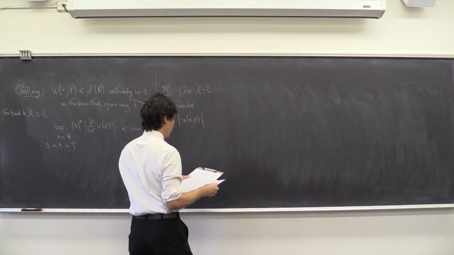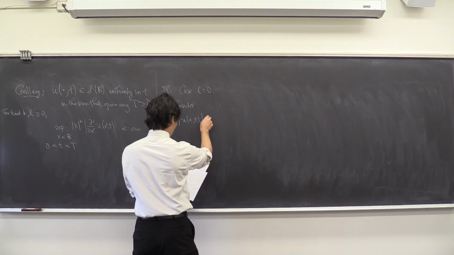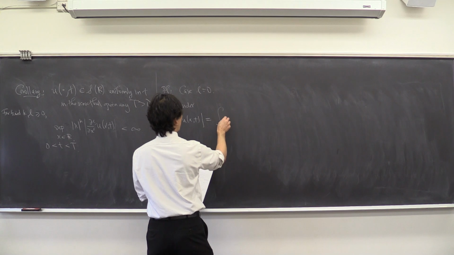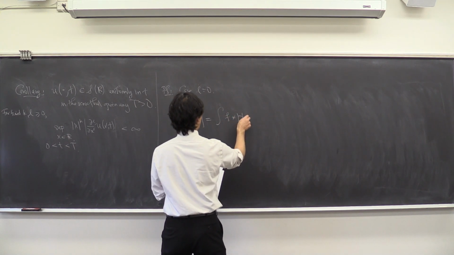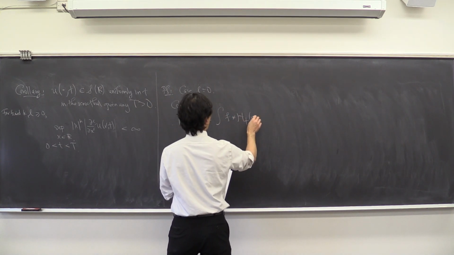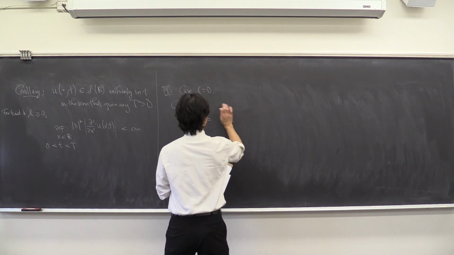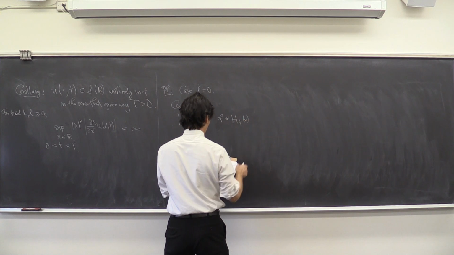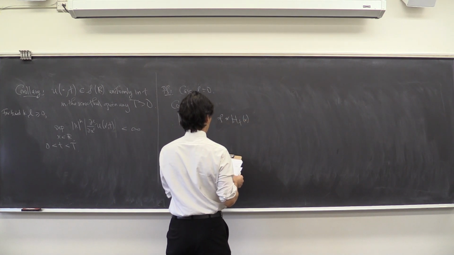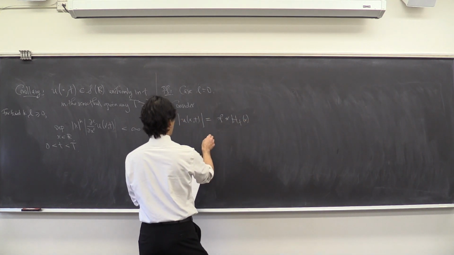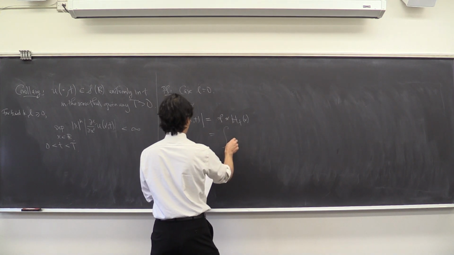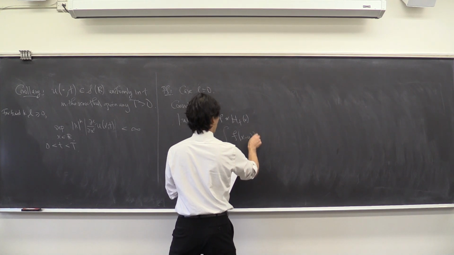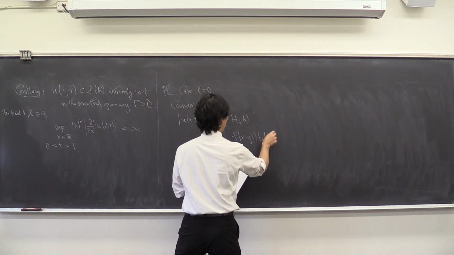We're going to split that into two parts. This is f convolved with h sub t, so f convolved with h of t, x. In other words, the integral of f of x minus y times h sub t of y dy.